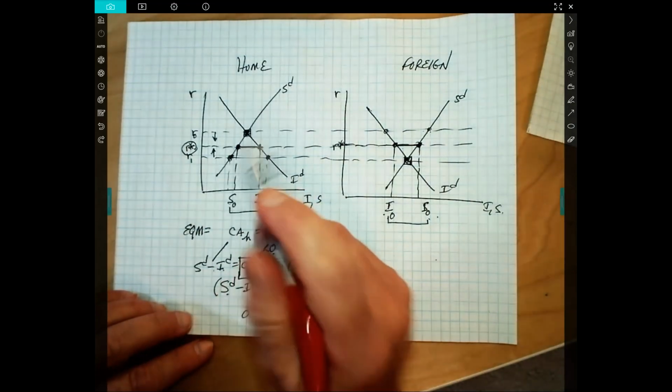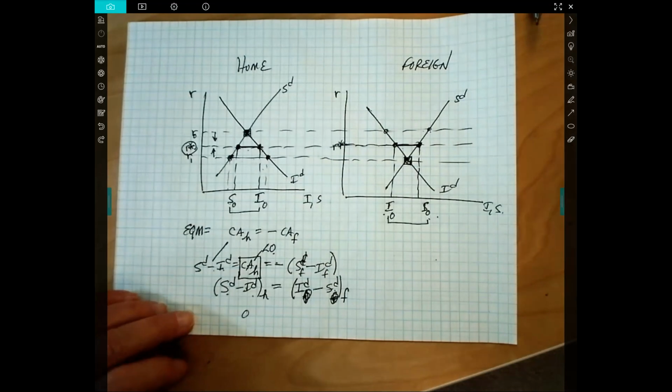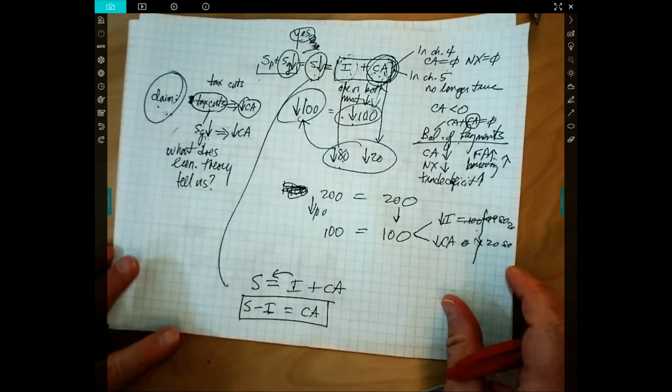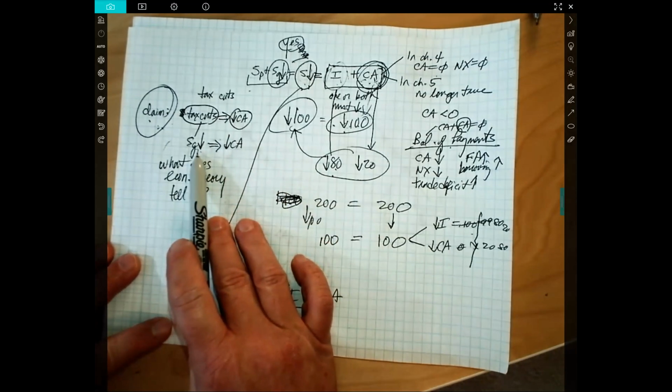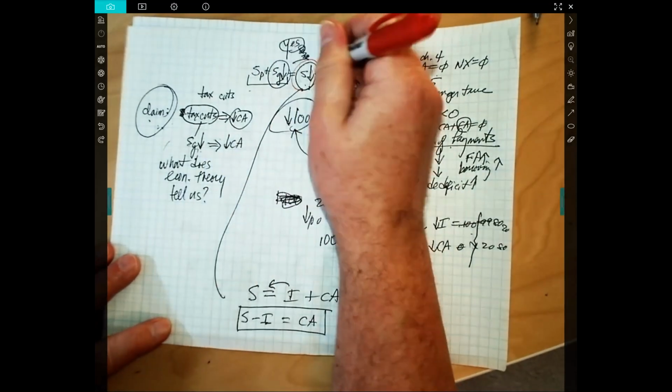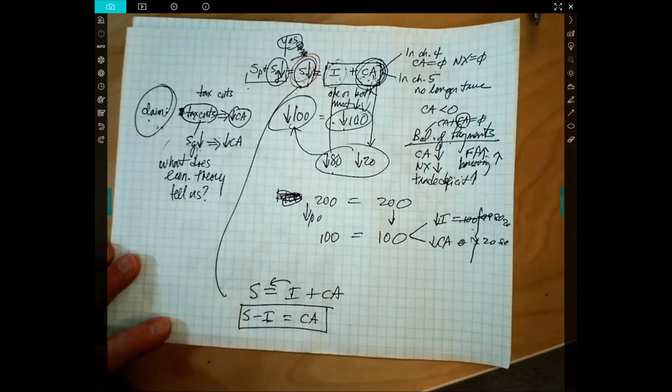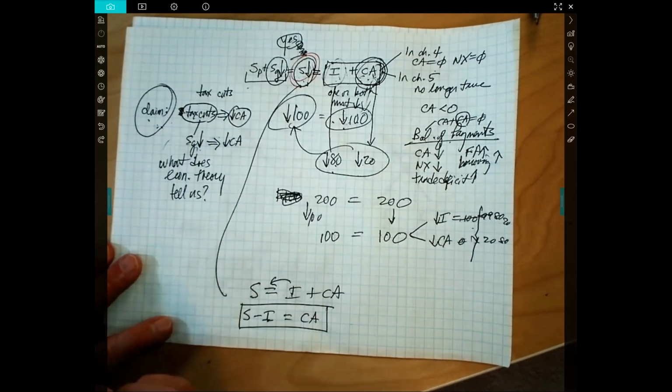So what did you tell me happens? All right, back here. What happens when there's a tax cut? National saving goes down, right? So which market, which curve, which way, what happens?